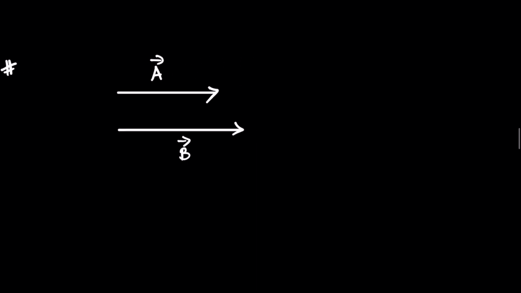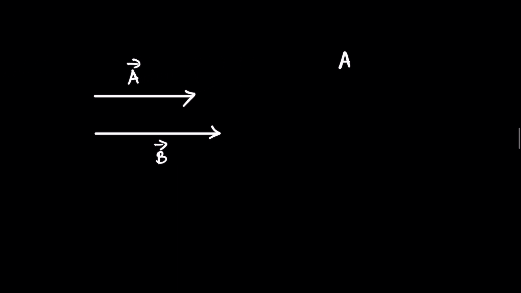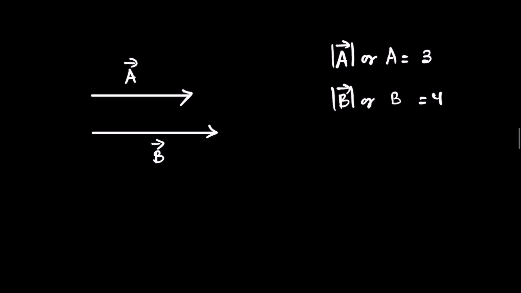I want you to add them. A vector's magnitude, the modulus of A or simply A, say this is 3, and B vector's modulus, or simply B, say this is 4. Since they're in the same direction, how will you add them?